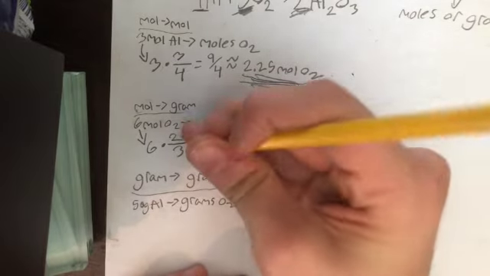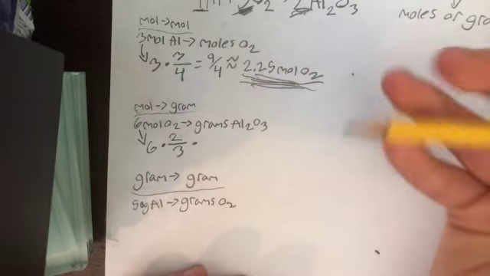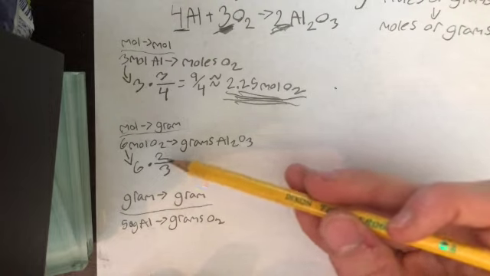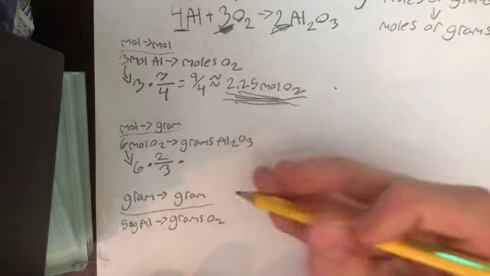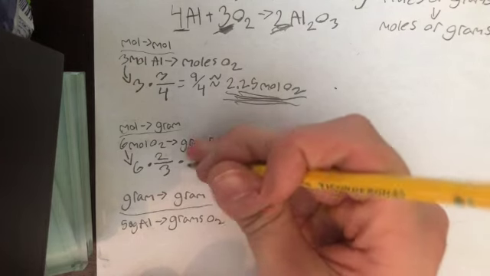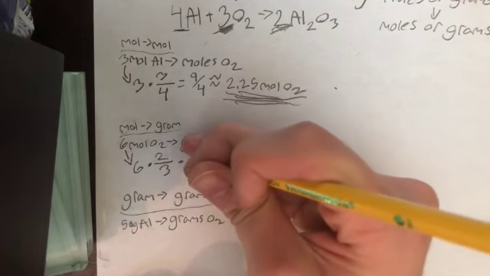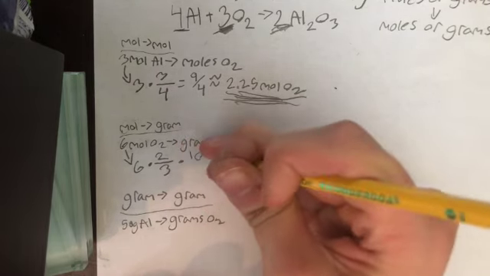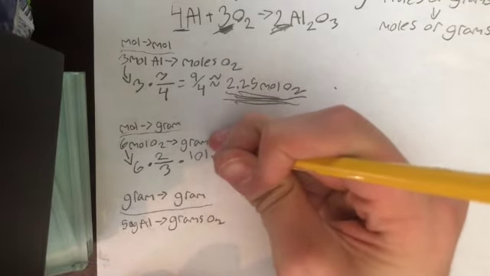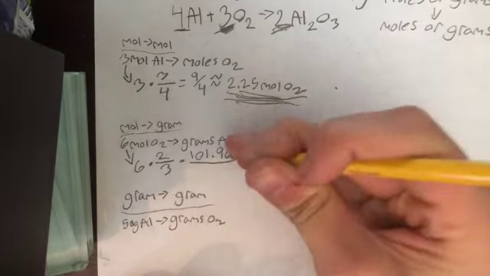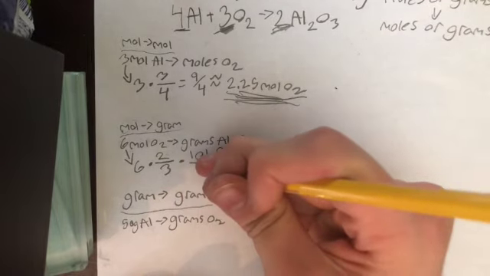So this is moles of Al2O3 and we want to get to grams of Al2O3. So we would multiply it by the molar mass on top, then divide by 1 mole.